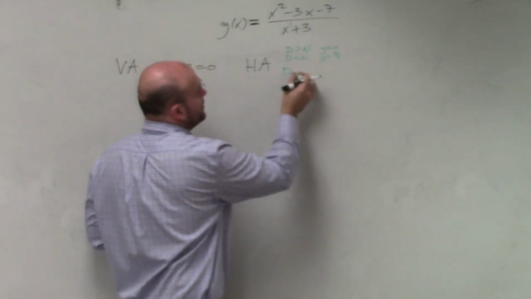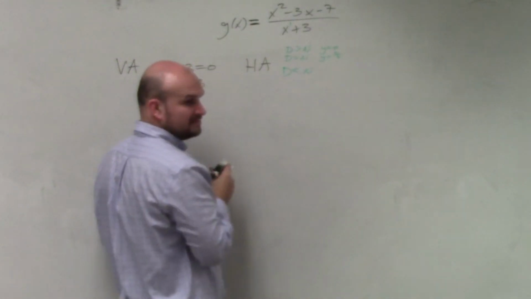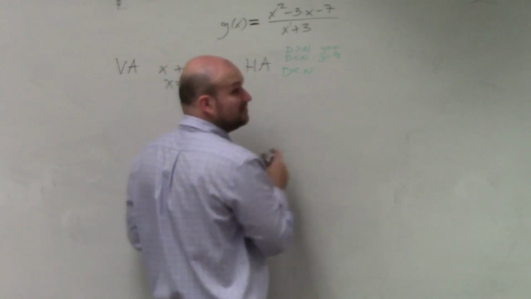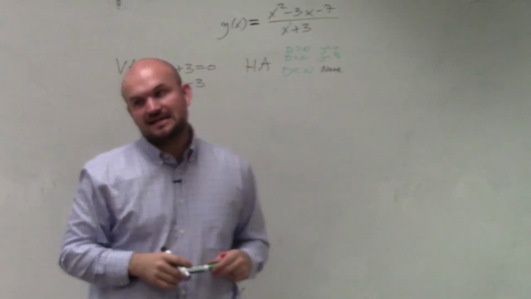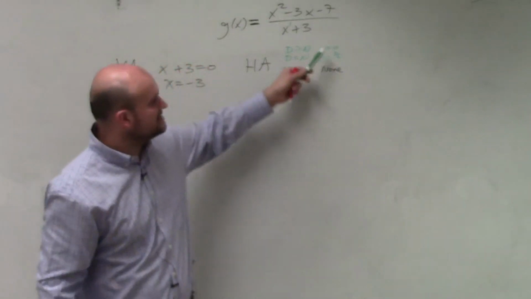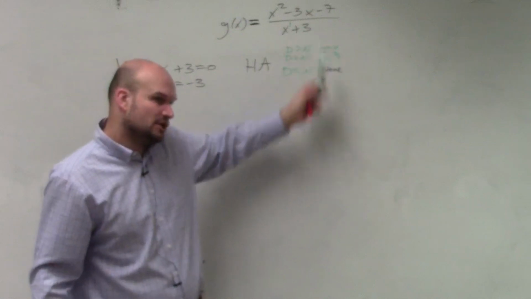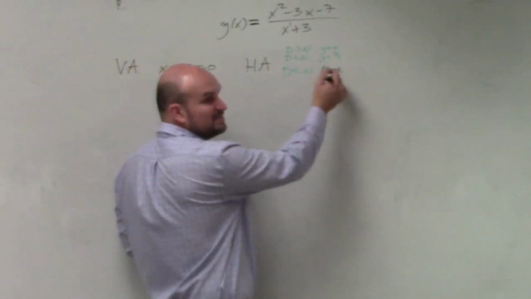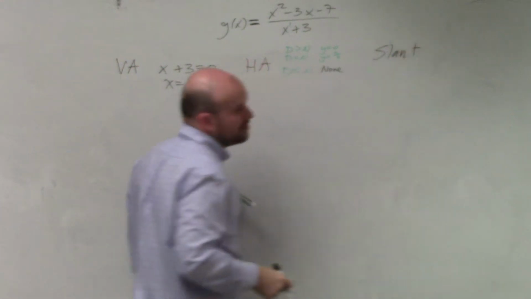Now we have an example where the degree in the denominator is less than the degree in the numerator. So there is not a horizontal asymptote in this case. But you guys need to make sure you can distinguish all of these. Know when they occur, know how to find them. But now, since we do not have a horizontal asymptote, we have a slant asymptote.